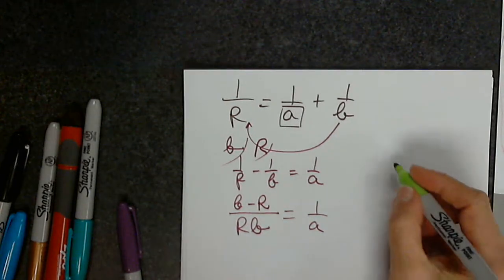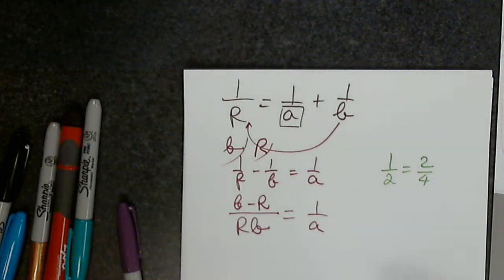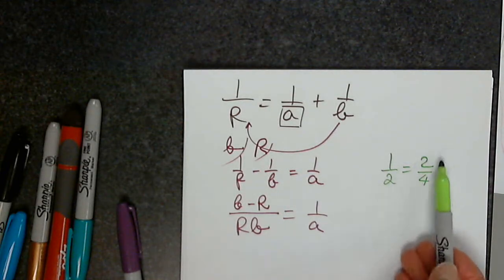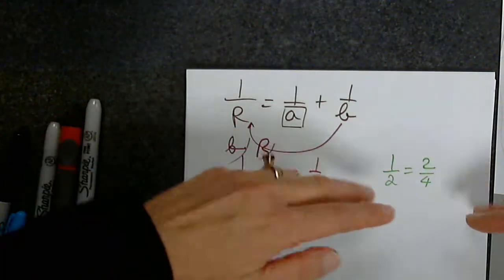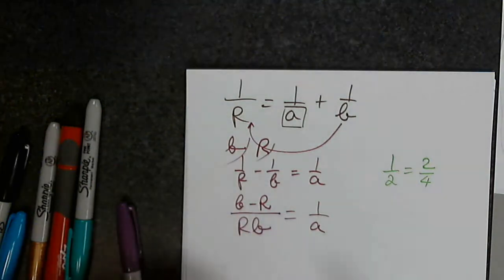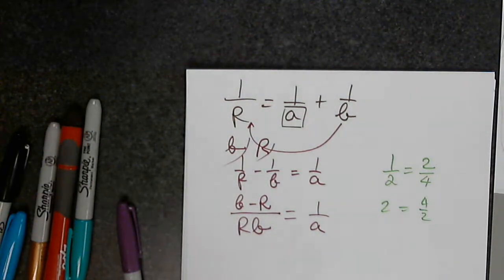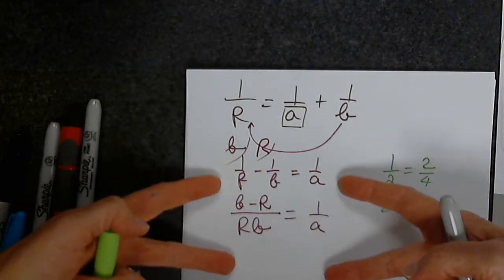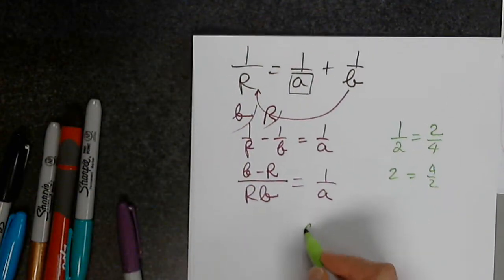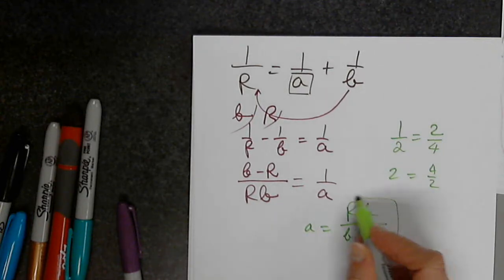Is 1/2 the same thing as 2/4? Yeah, I can cross multiply, 4 and 4, right? Now, if I flip both, I eliminate a step, and it's still correct. So that's what I'm going to do. But I have to do it at the same time on both sides. So then A equals RB over B minus R.